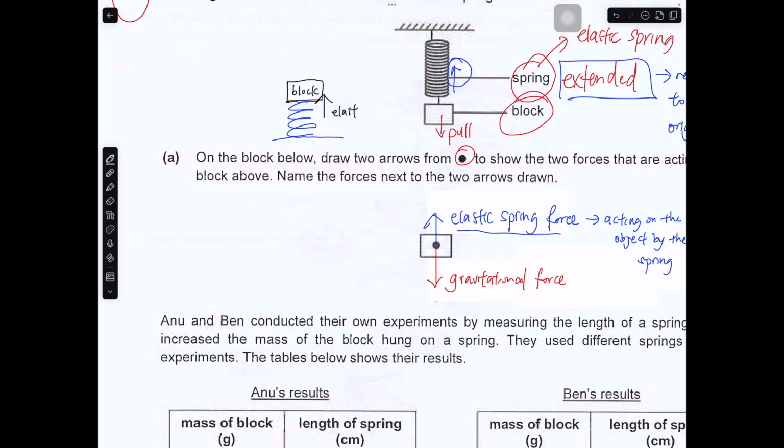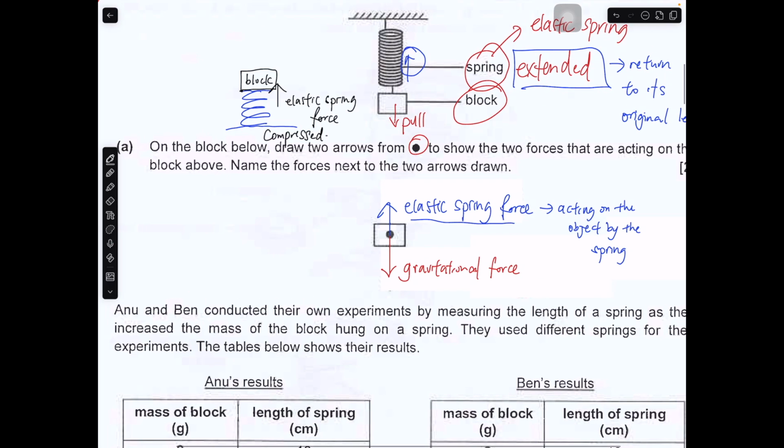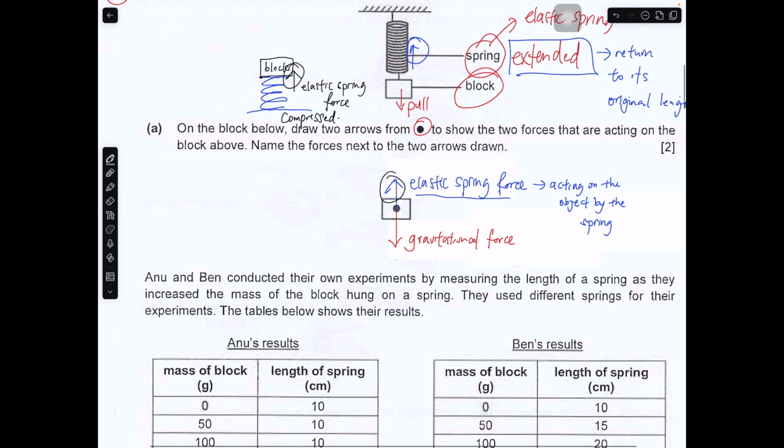This is elastic spring force, and the direction will be upward in this case, because the spring is being compressed. So in different scenarios the direction may be slightly different, but for these two, they are kind of the same, depending on the scenario.